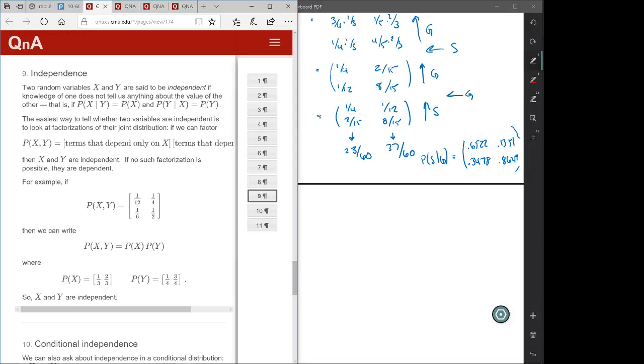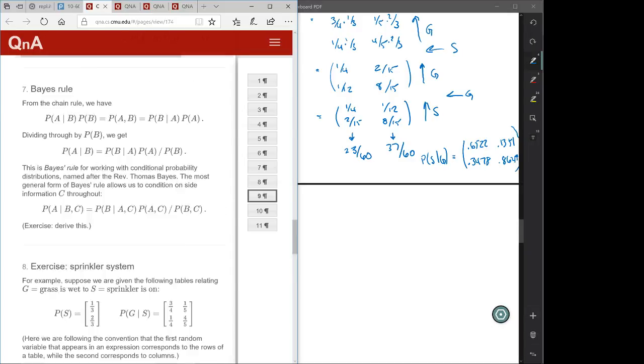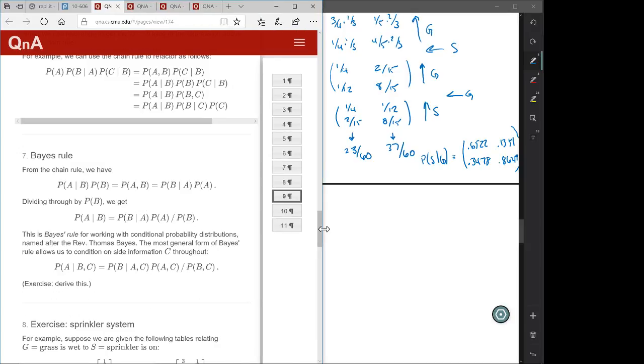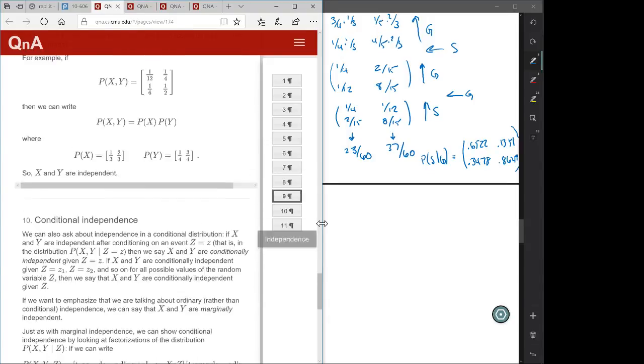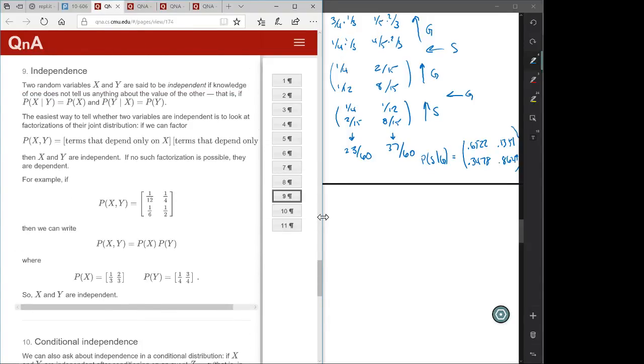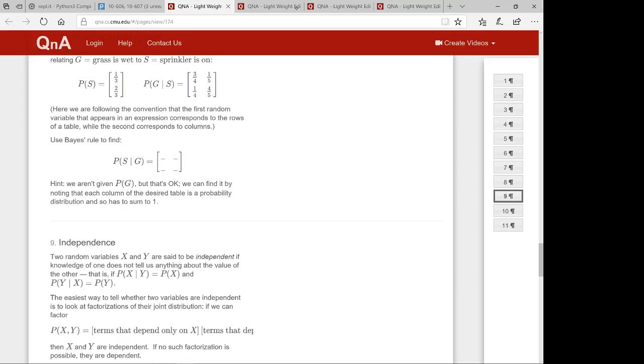It is not necessarily easy, given a probability distribution, to figure out whether two random variables are independent, but it turns out that there is a good way to tell, and that is, here we'll make that a little bigger. There. Now it's bigger.